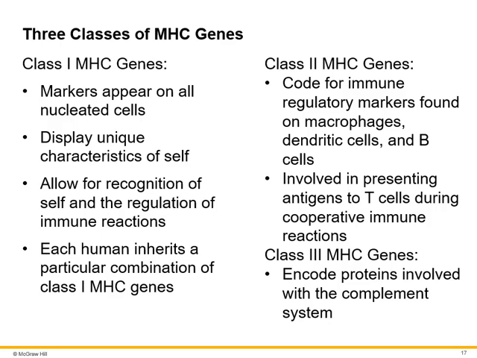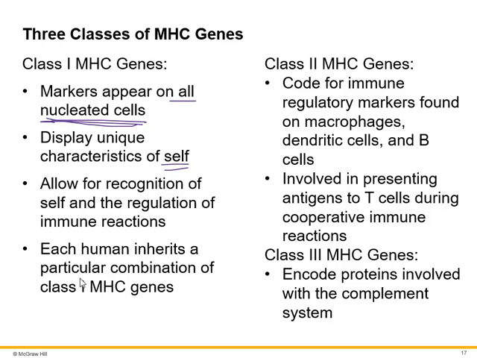So this is kind of a key thing here: if a cell is nucleated, it has an MHC1 on it. And what this is doing is displaying unique characteristics of self. So this is basically your self marker. It allows for recognition of self and regulation of immune reactions. So it is involved in tolerating self-antigens and preventing us from reacting to self-antigens.